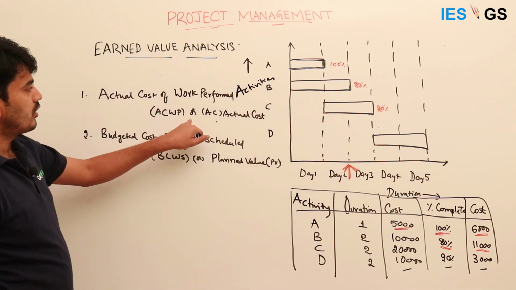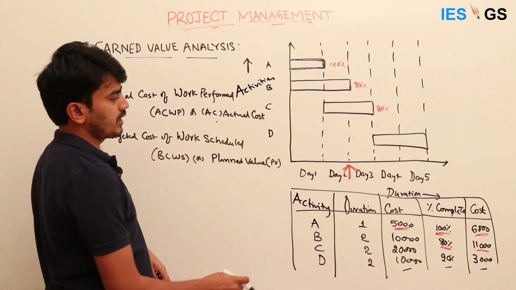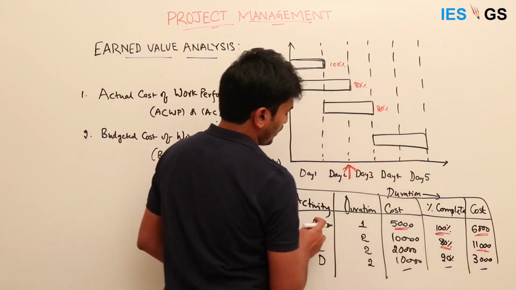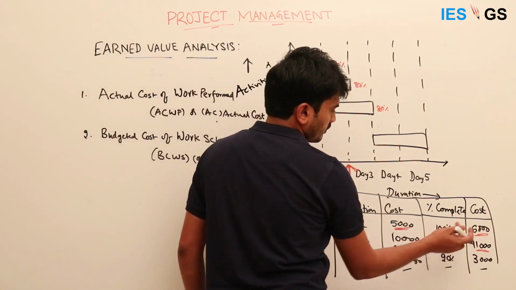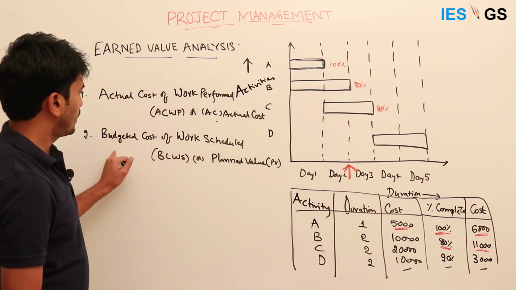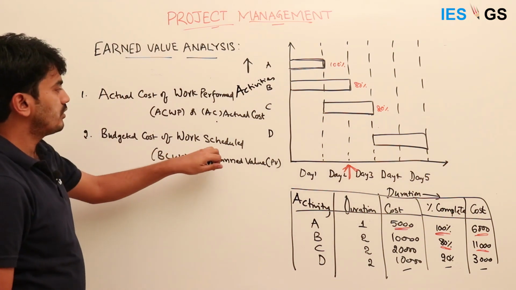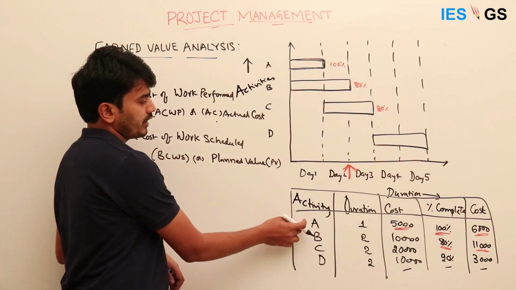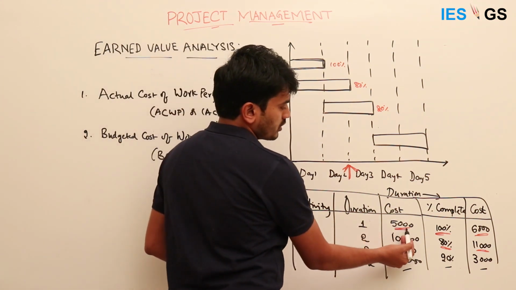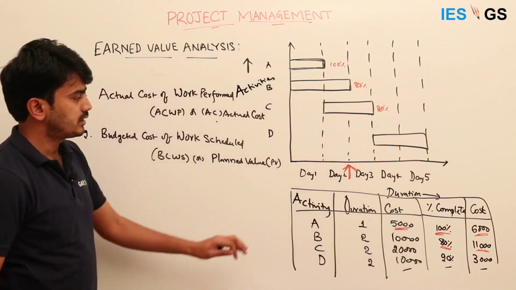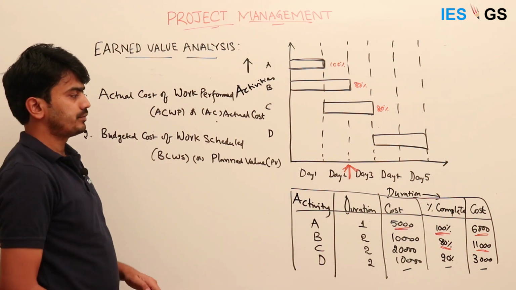So this is the actual cost of work performed. In this case, the actual cost to perform activity A is 6,000. But the planned value, the budgeted cost of work scheduled, for activity A is 5,000, whereas the actual cost is 6,000.